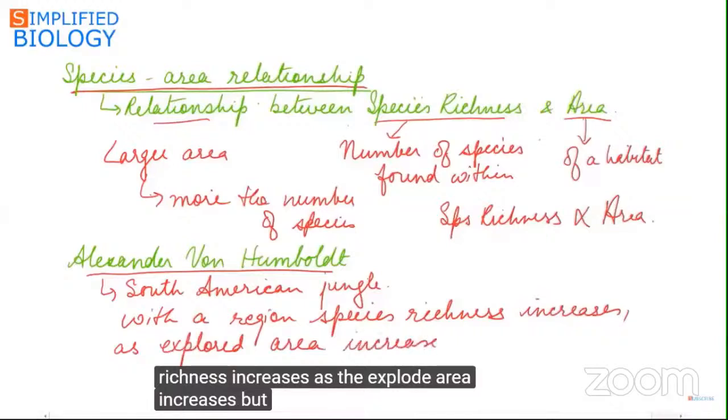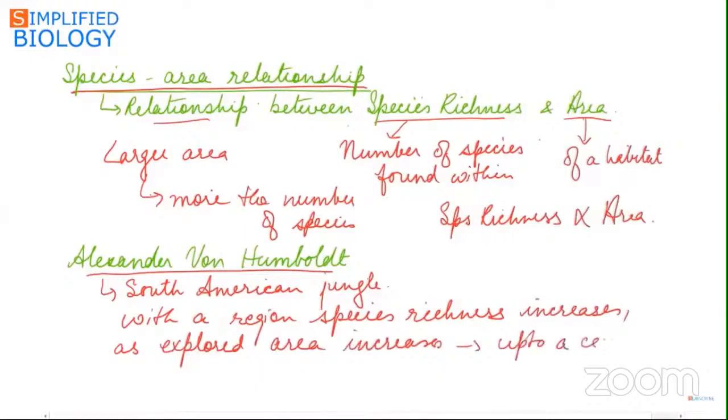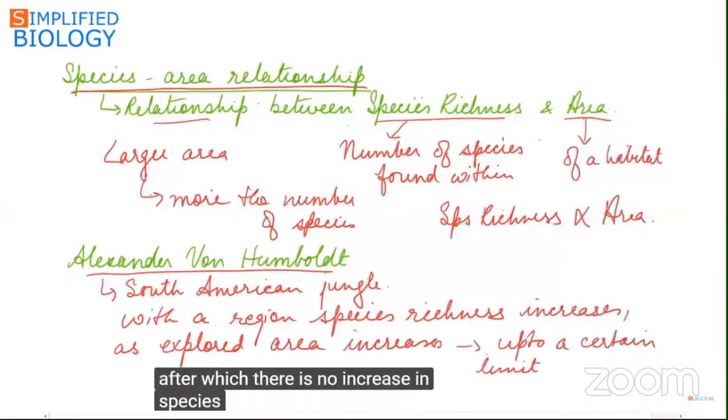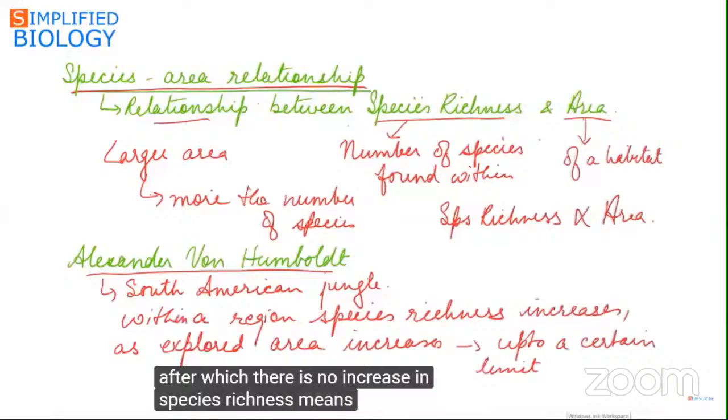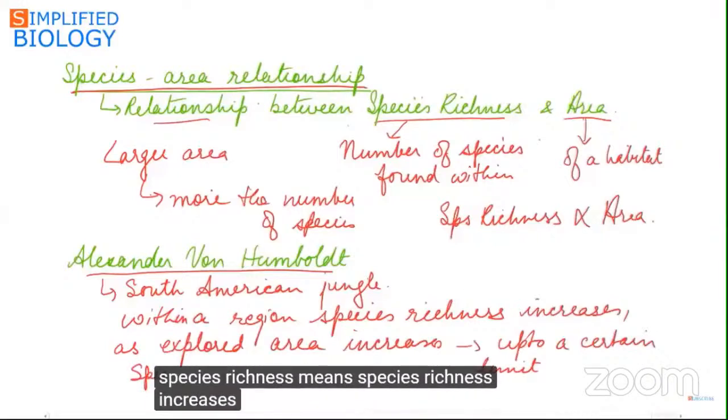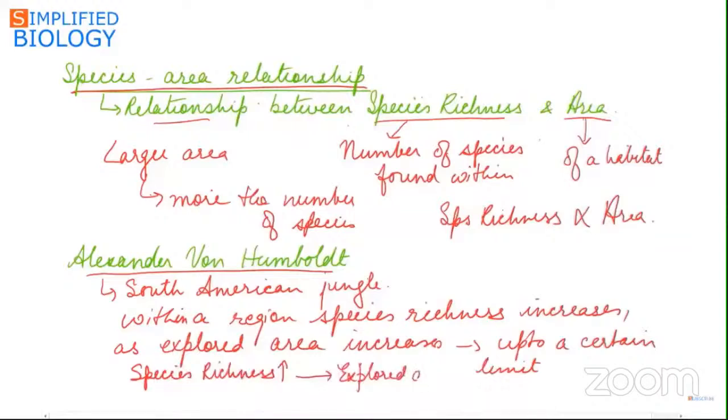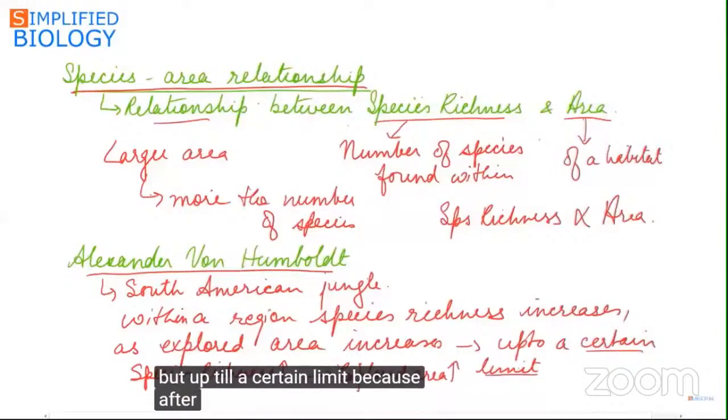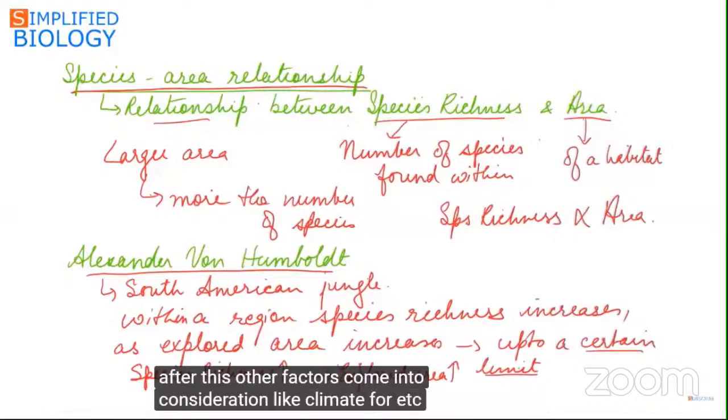But up to a certain limit, after which there is no increase in species richness. Means species richness increases as the explored area increases, but up till a certain limit, because after this other factors come into consideration like climate, food, etc.